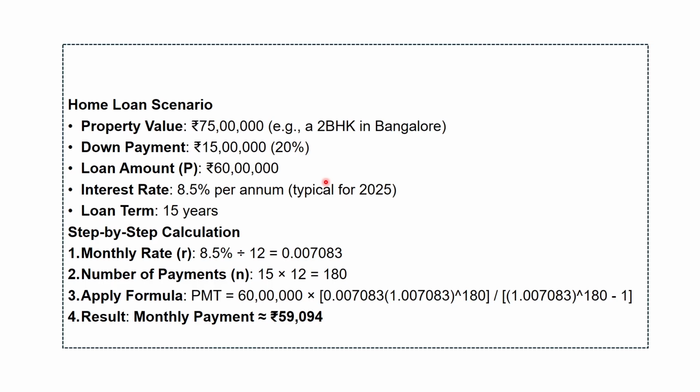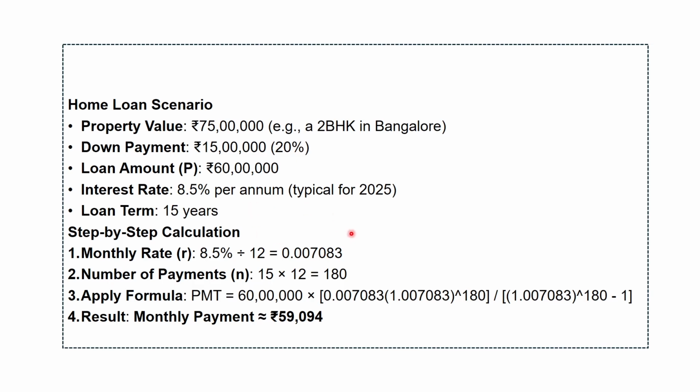So, 60 lakh is your principal amount, and the interest rate is 8.5% per annum. That translates to per month 0.007083.